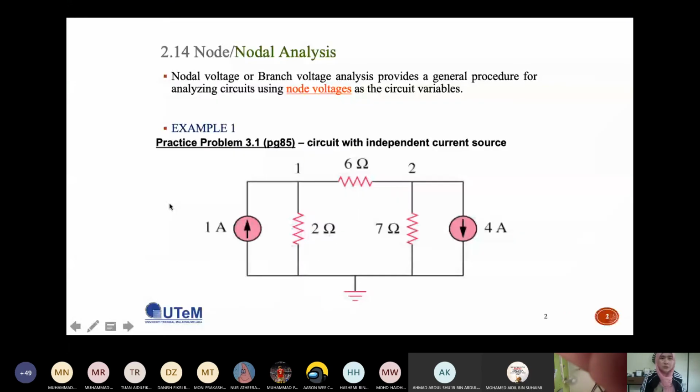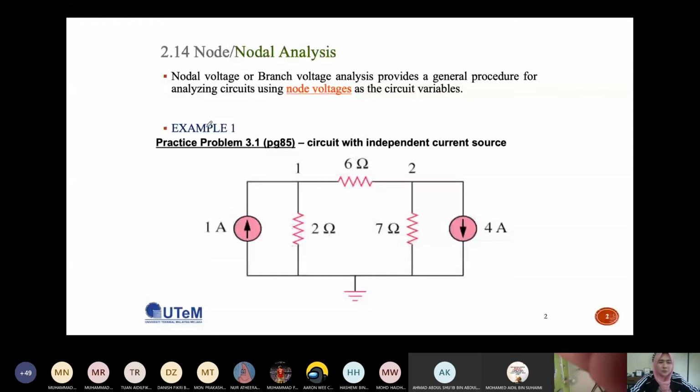Nodal voltage or branch voltage analysis provides a general procedure for analyzing circuits using node voltage as the circuit variable. Example 1. Let's look at example 1.